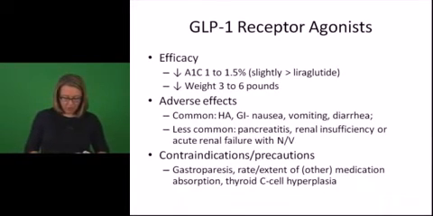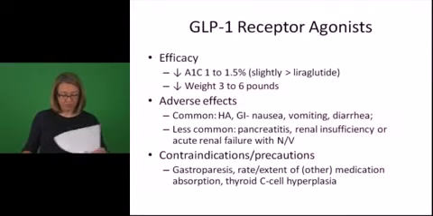You want to use precaution as there may be a risk that thyroid C-cell hyperplasia may be increased with patients on these medications. And again, another benefit here is that patients are less likely to get hypoglycemia when they're using this as monotherapy.